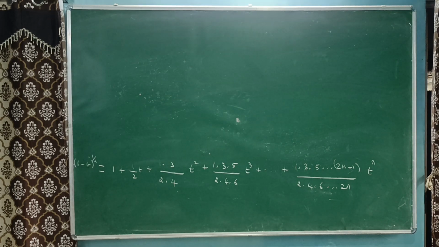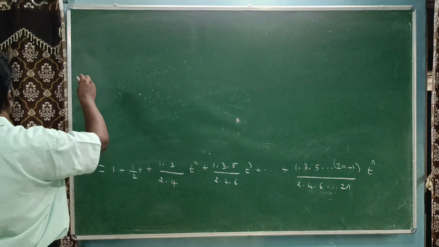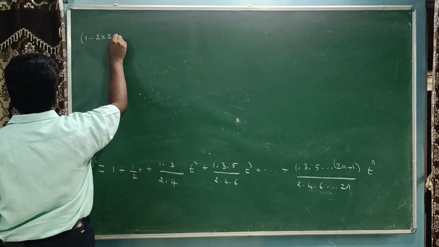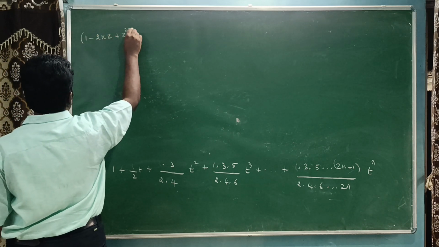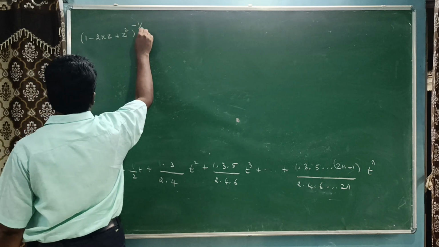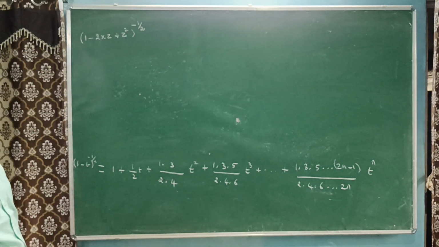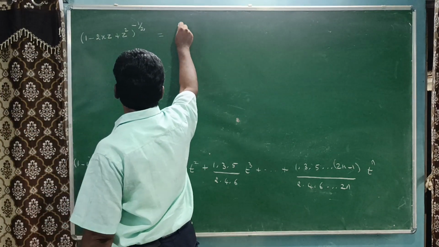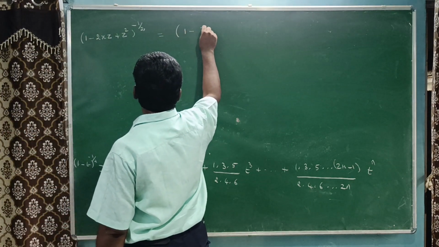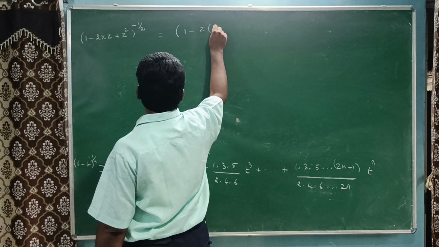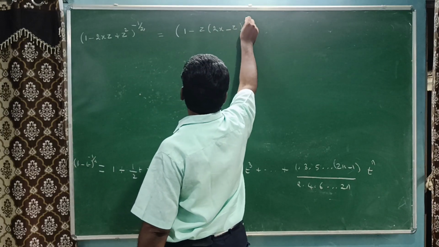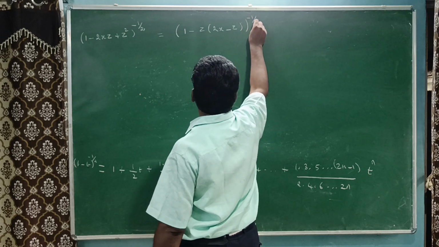Now consider our actual function, that is the expansion term (1 minus 2xz plus z squared) to the power minus half. This is modified as (1 minus z(2x minus z)) to the power minus half.